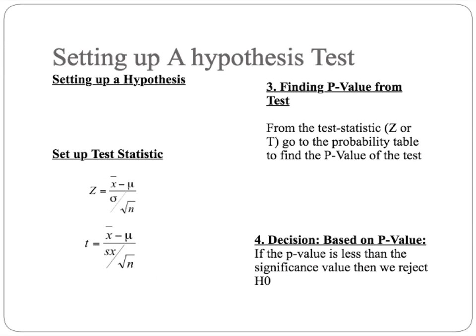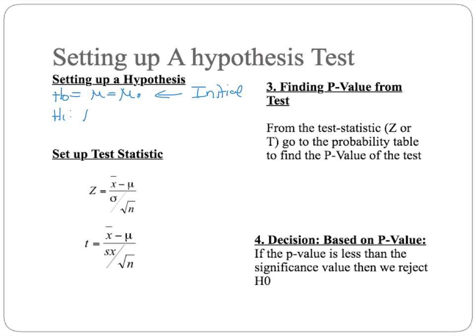So we have four major processes in setting up a hypothesis test. Setting up a hypothesis, typically we have H naught such that mu is equal to mu naught. So that is our hypothesis initial condition. Then we have the alternative hypothesis, right?